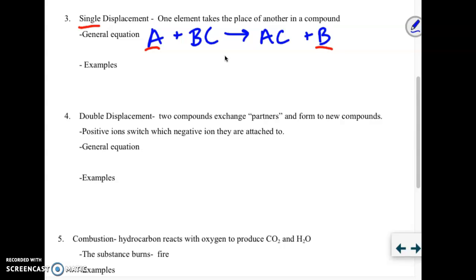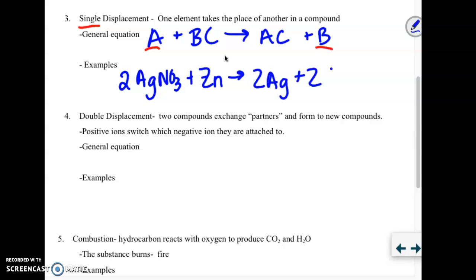So an example of this would be silver nitrate and zinc would give you silver and zinc nitrate. And as you can see here, zinc's by itself, and silver is by itself. So that's why that is a single displacement.